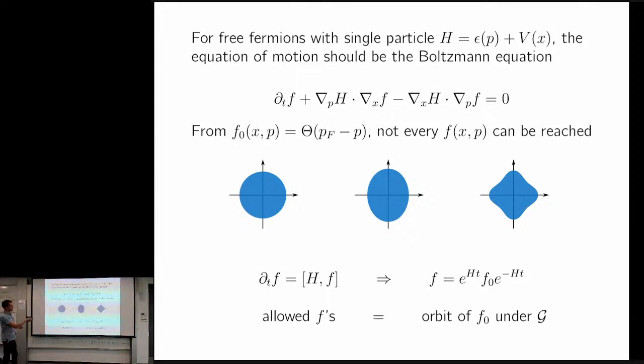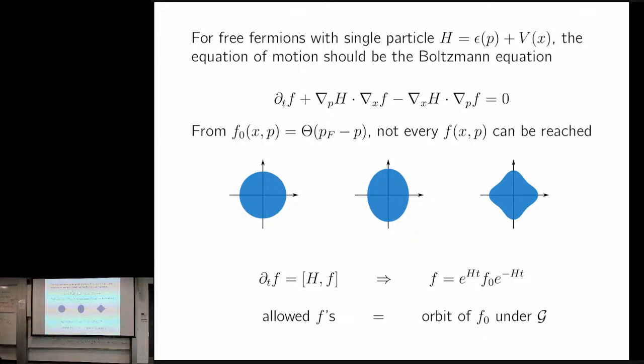The equation of motion that we have for f, I can write in this way. That makes it look a bit like a Schrödinger equation, where this commutator is the Poisson bracket of these two functions. These are both functions of x and p, and this is what this commutator is. This time evolution equation we can formally solve by just exponentiating the Poisson bracket, the commutator. So this is what the solution will look like as a function of our initial state.